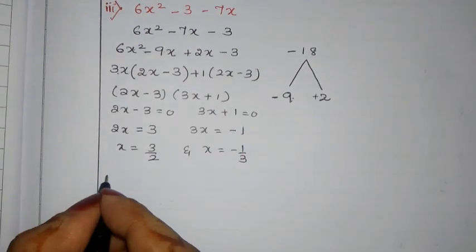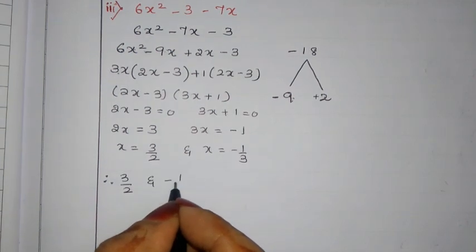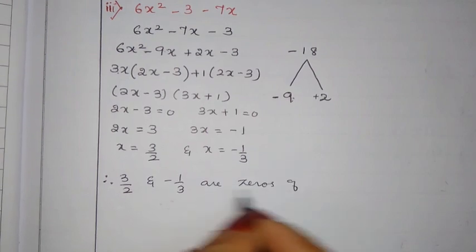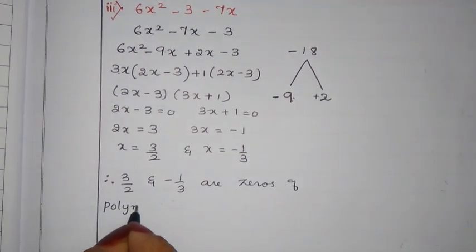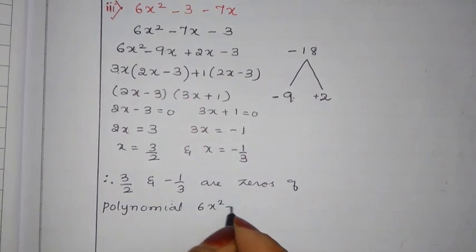Therefore, 3 by 2 and minus 1 by 3 are zeros of the polynomial 6x square minus 7x minus 3.